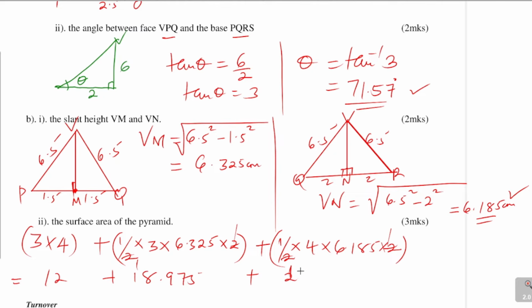That will give 24.74. When you add everything, 24.74 plus 18.975 plus 12, that gives 55.715 centimeters squared.